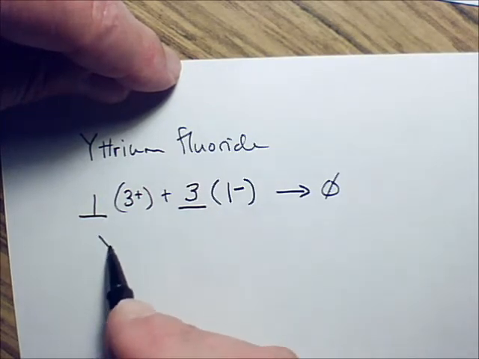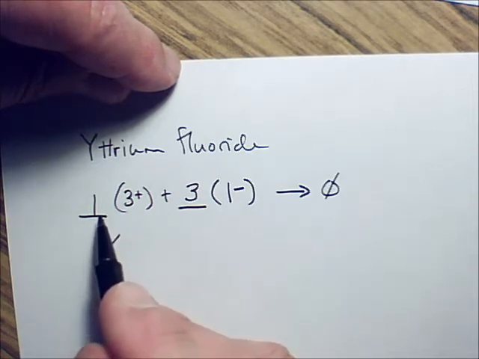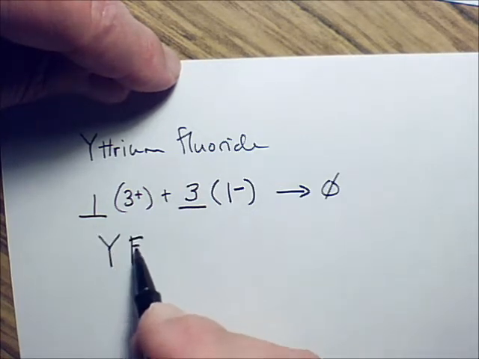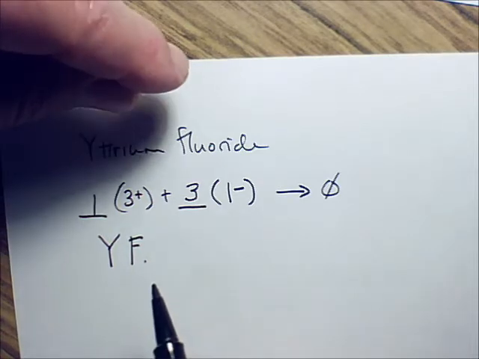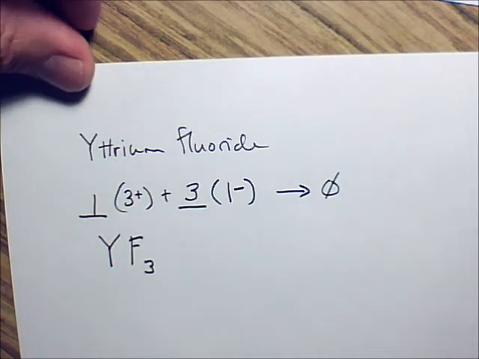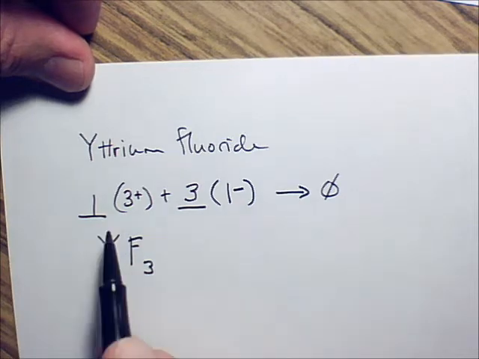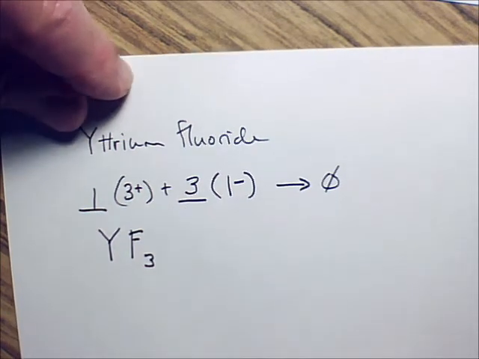And that means I need to have a Y, and I don't need any subscript here because it's a 1. But on a fluorine I need how many? And we show 3 fluorines in a bond with subscripts like that. So there's, well, 1 times 3 plus, yep.